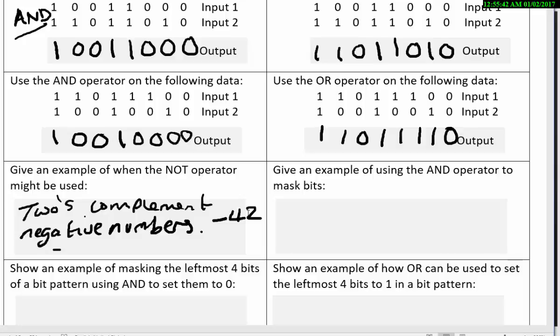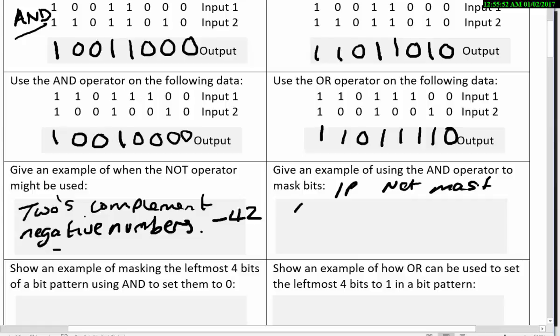Now the AND operator can be used to mask bits. So it could be an IP address with the network mask, just to pull out the network address.